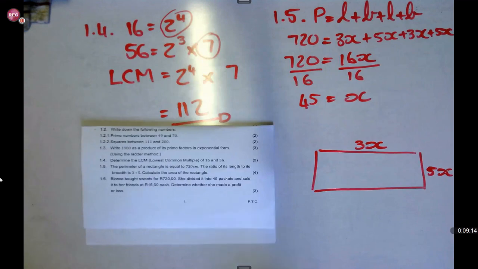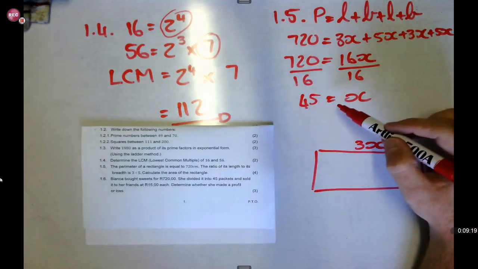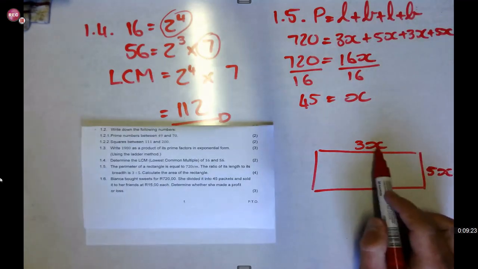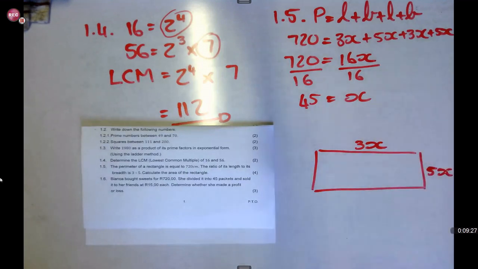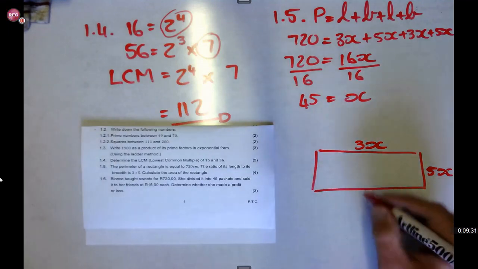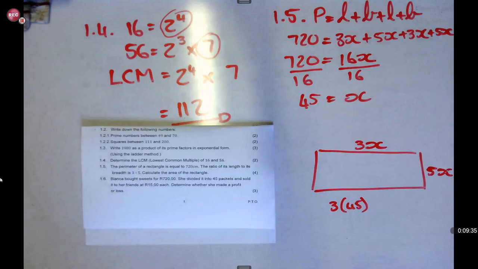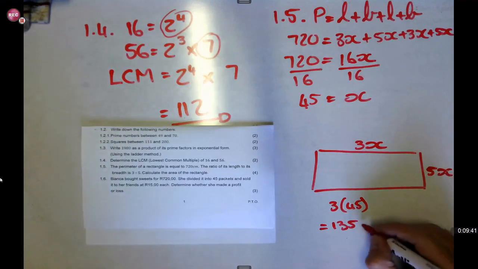Okay. If I now take this 45 that I've calculated and I go and substitute it into the x over there and the x over there, I will get the length and the breadth of this rectangle. Okay, so 3 times 45 will give me 135, and please remember that it would be centimeters.